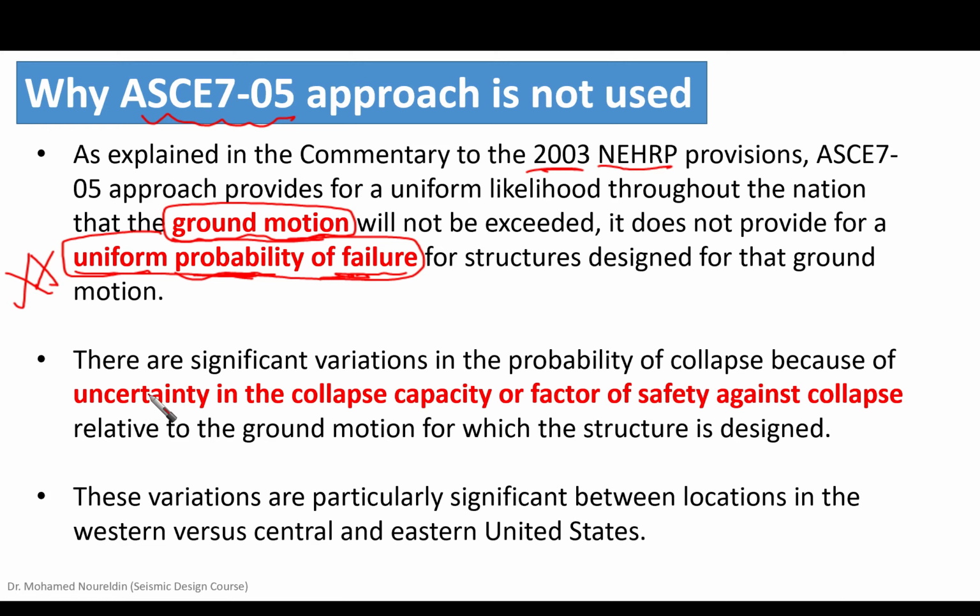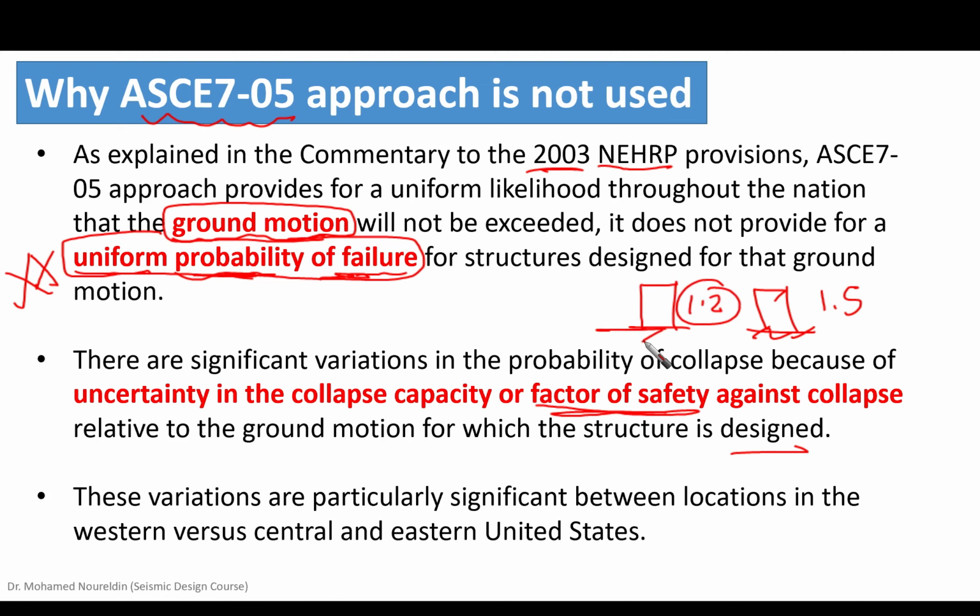Then there are significant variations in the probability of collapse because of the uncertainty in the collapse capacity, or factor of safety, of the building against collapse relative to the ground motion for which the structure is designed. Maybe we have a structure designed for a safety factor of 1.5, and another structure for 1.2.